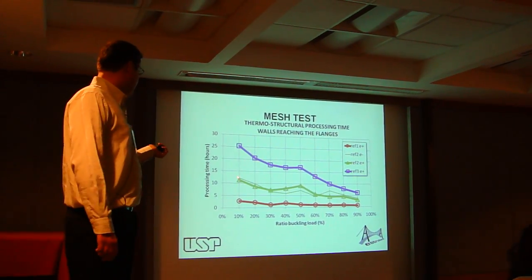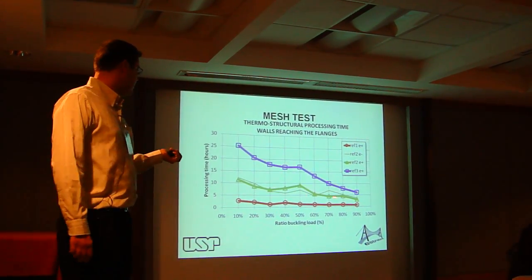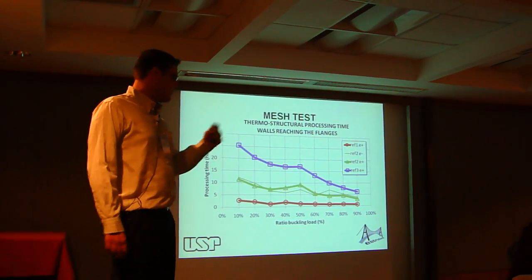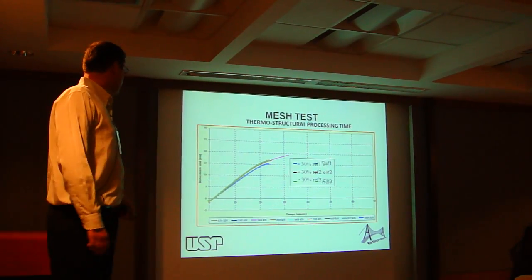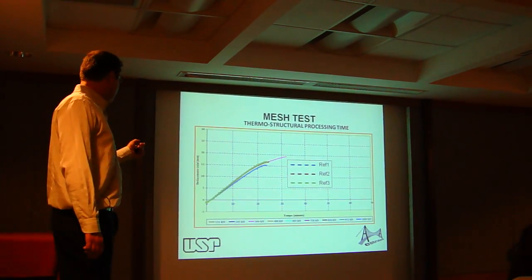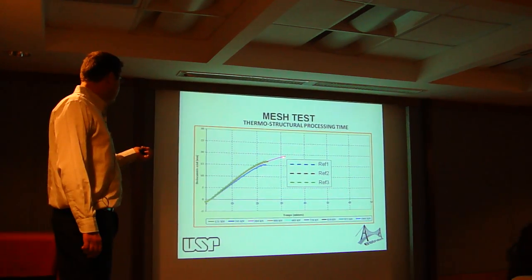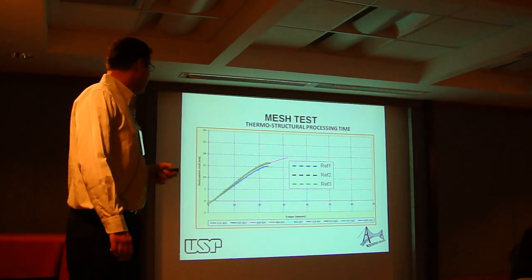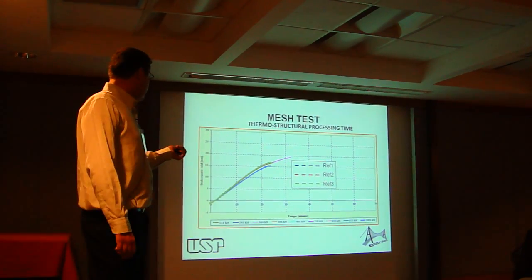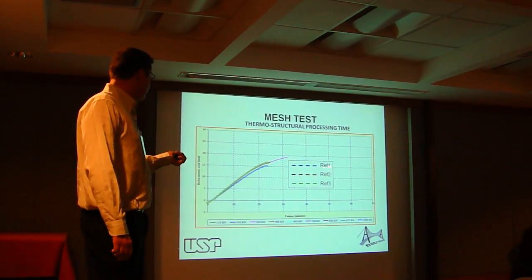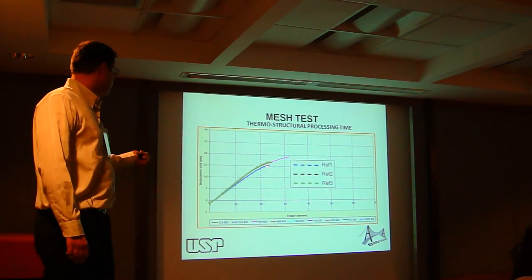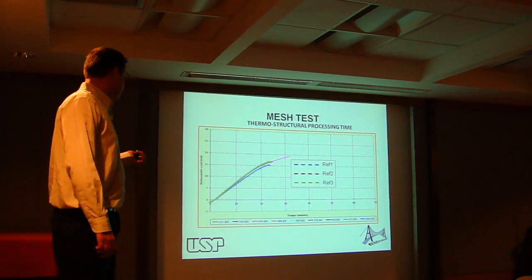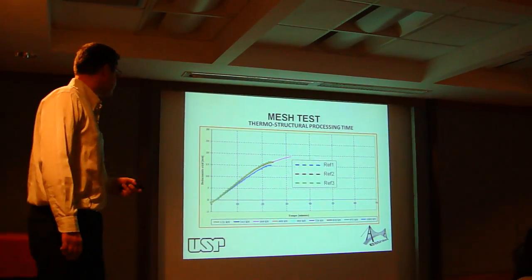The second mesh has a satisfactory approach, and will be selected for further work. Here we can see the pink line is a model using solid elements, the reference line, and the mesh named Ref1, the blue curve, doesn't have a satisfactory approach, and the other two do.